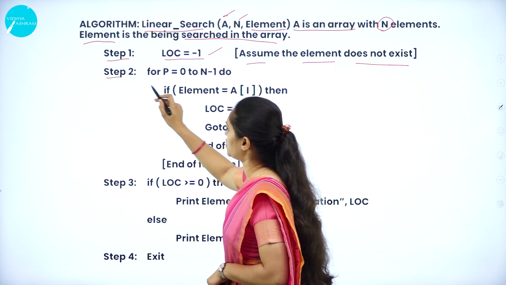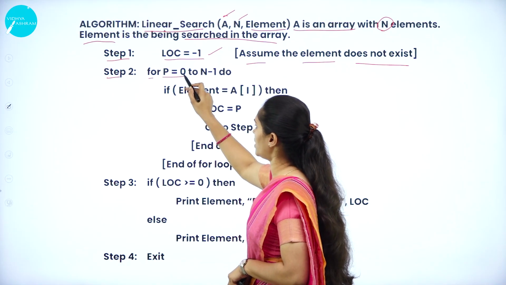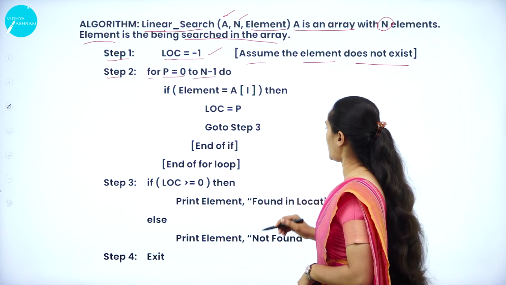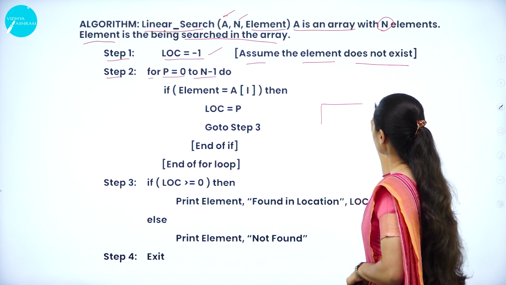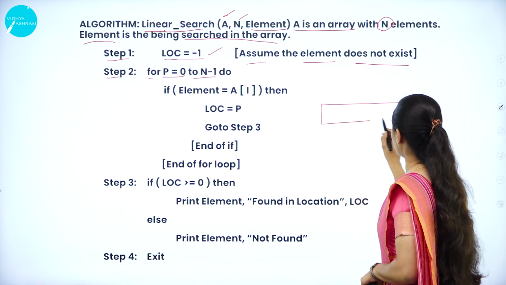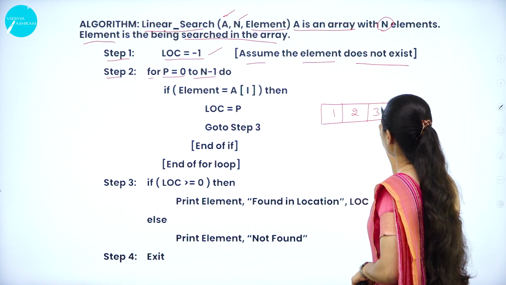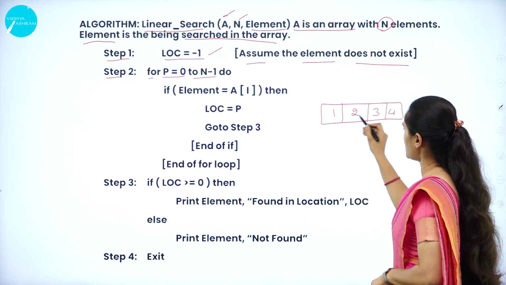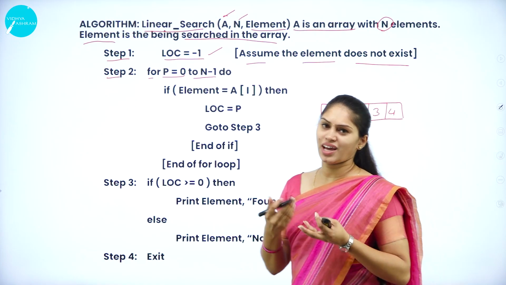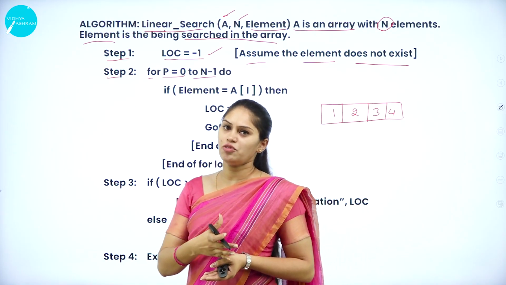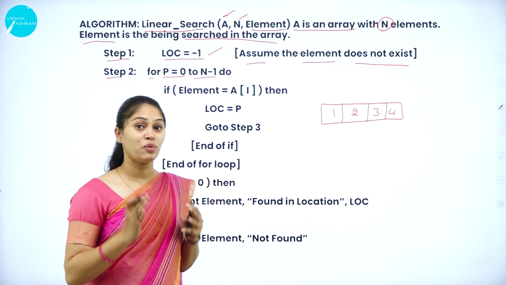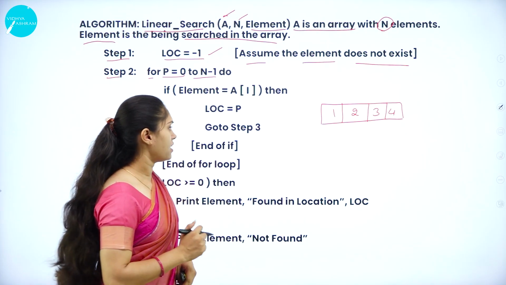So in step 2, for p is equal to 0 to n minus 1. Let me take 4 elements: 1, 2, 3, 4. There is no restriction over the elements. We can give the elements either in sorted or unsorted format when it comes to linear search. Understand?